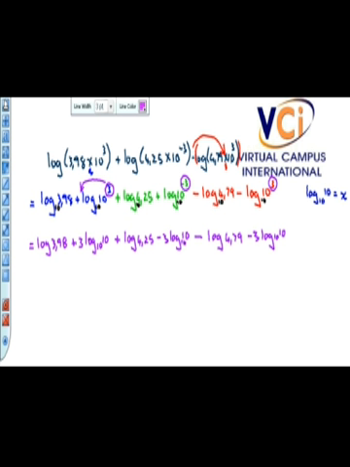Let's convert that into exponential form. Do you know how to do that? You put log. No, it's already in log. I want to change it to exponential form. So then 10 to the power of x is equal to 10.